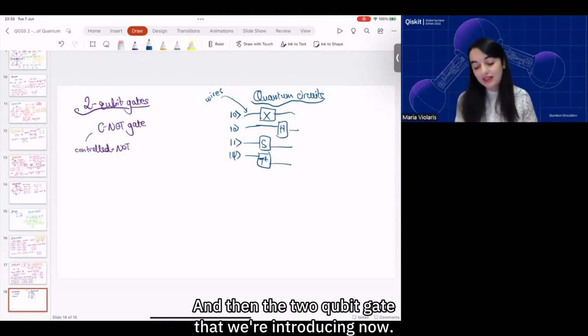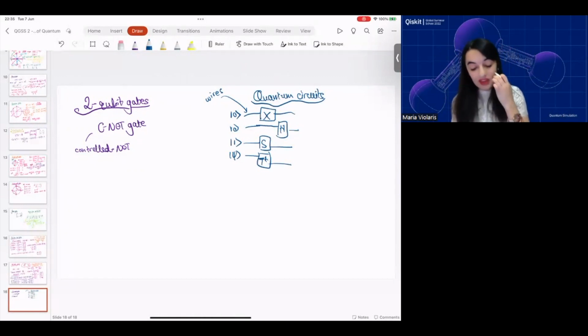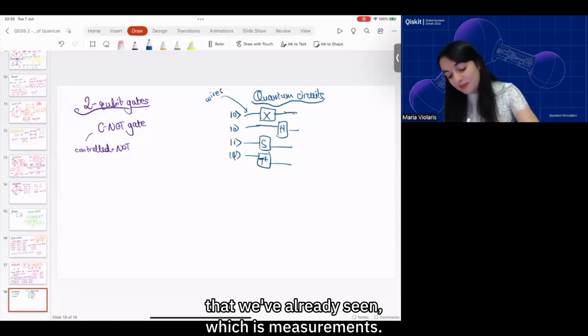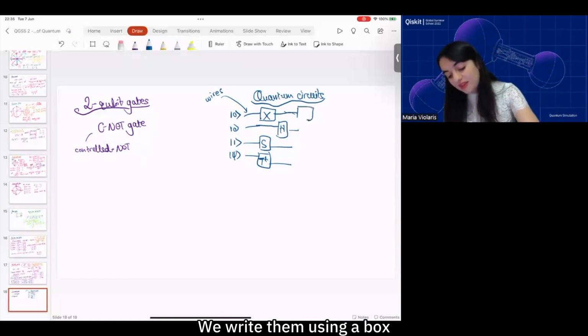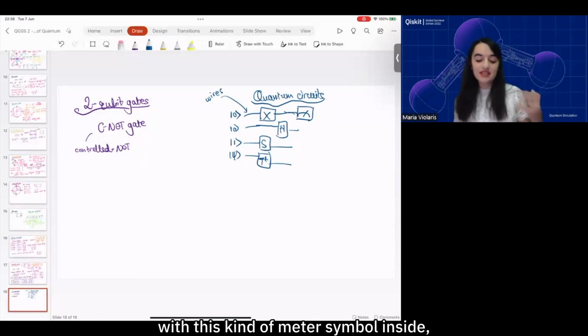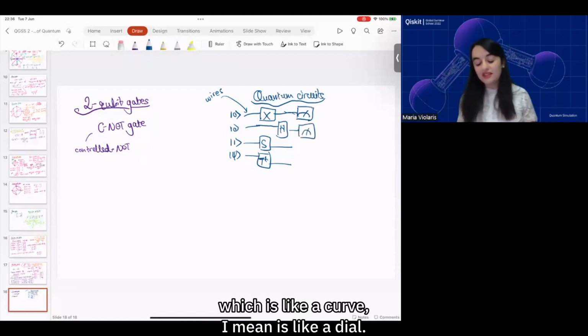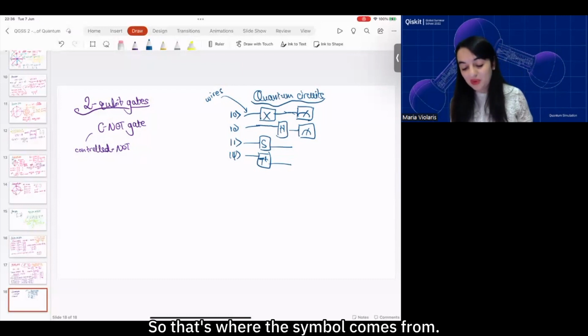And then for the 2-qubit gate that we're introducing now, well, let me first introduce another thing that we've already seen, which is measurements. We write them using a box with a meter symbol inside, like a dial. So that's where the symbol comes from.